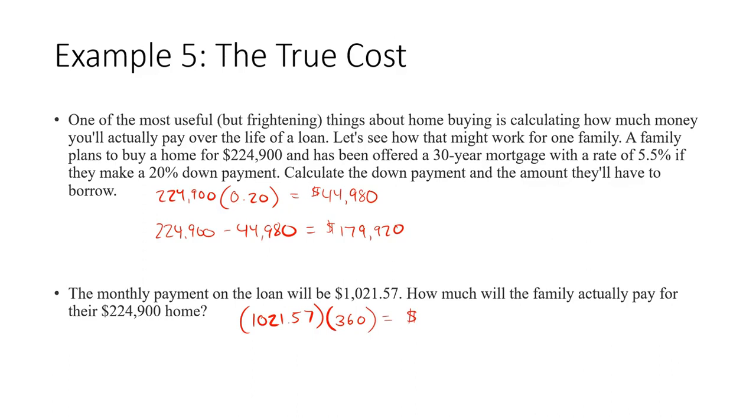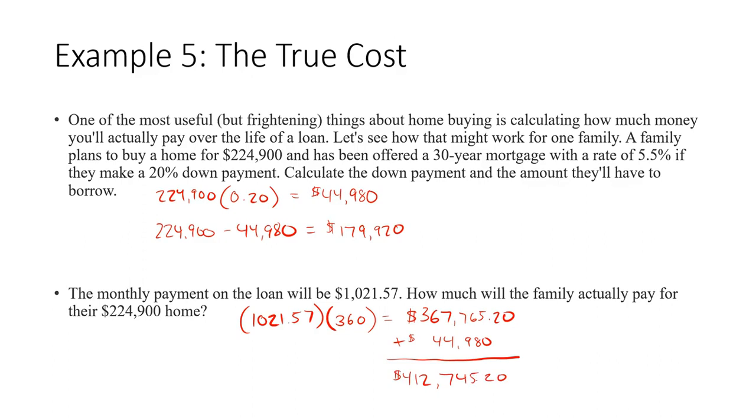So the total amount that you'll pay, $367,765.20. Then you want to add to it the down payment that you paid, $44,980, and the actual cost of the home by the time you've finished paying for it, $412,745.20.